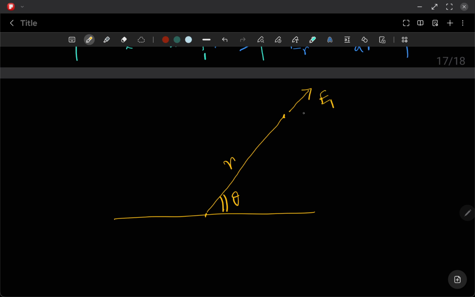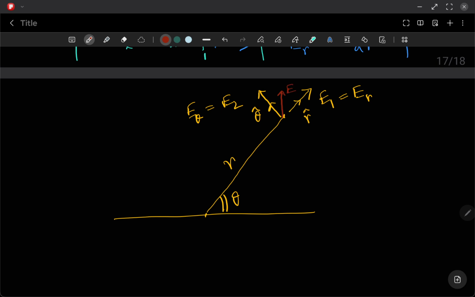This is in the radial direction, r hat, and we considered one equatorial field, that is E2. It is in the transverse direction, theta hat. So E1 is basically the radial component Er, and E2 is basically the transverse component E theta of the net electric field E at a point due to a dipole.